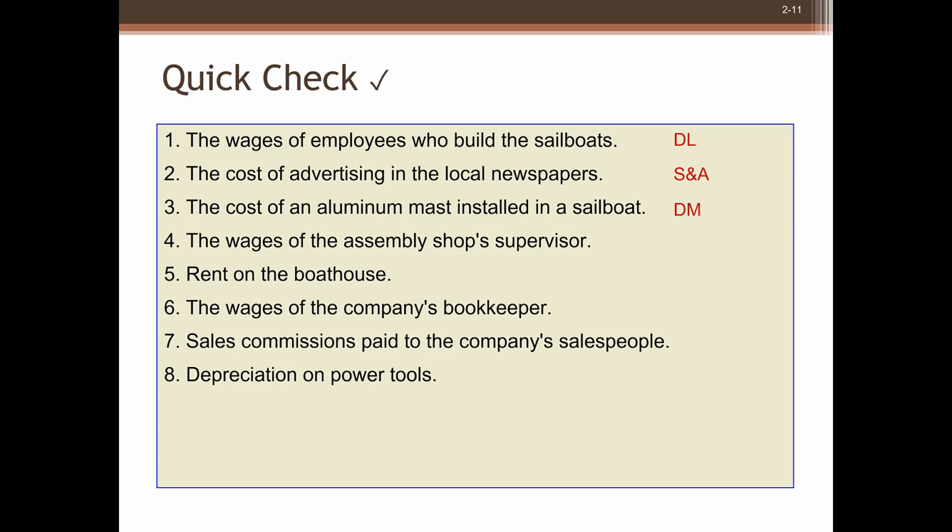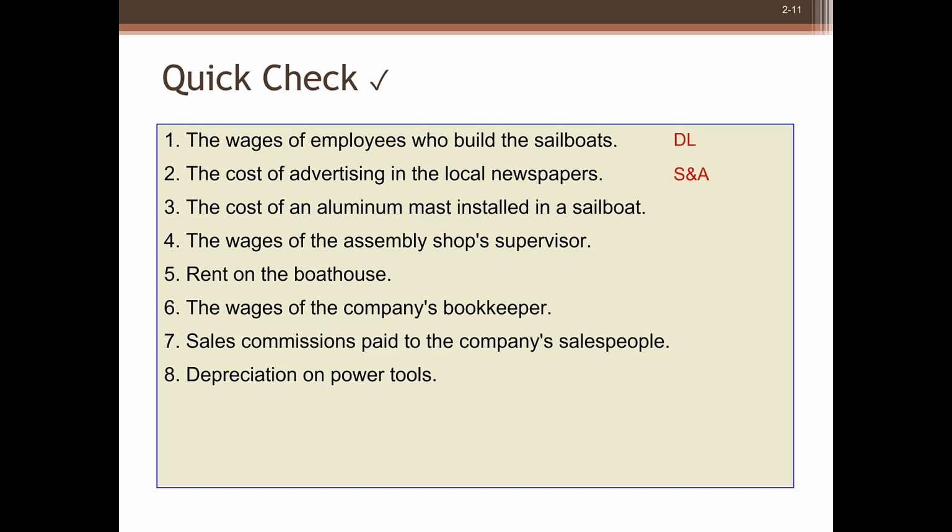Number 4. The wages of an assembly shop supervisor. Supervisor is indirect labor, so this is manufacturing overhead. Number 5, rent on the boathouse. This is a little bit tricky. The boathouse is very small.